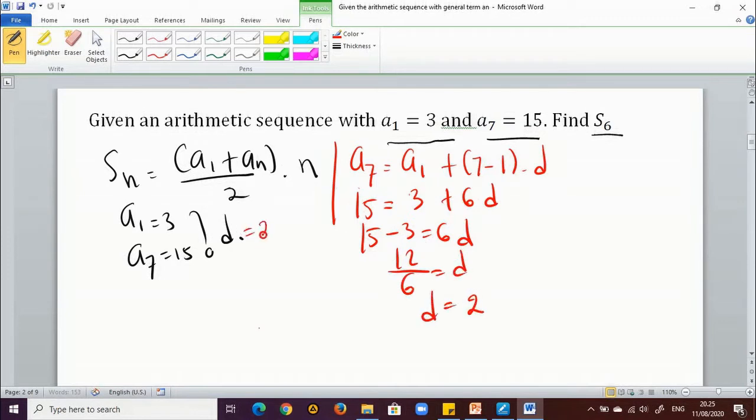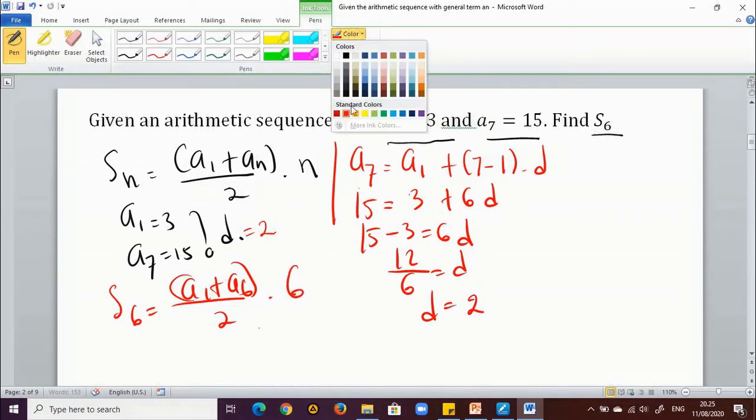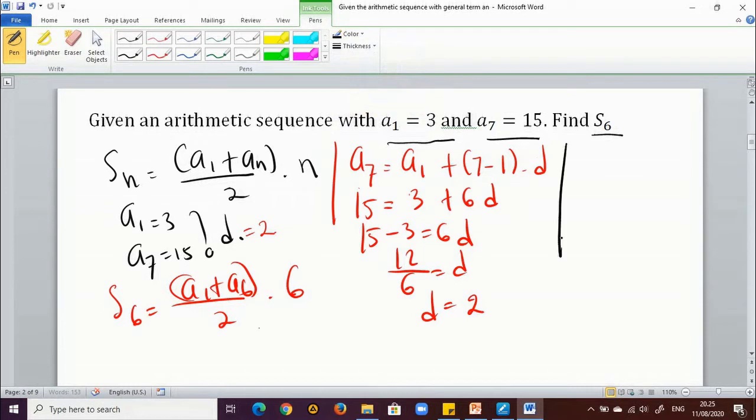Now, because they are taking n as 6, we need the first term plus the sixth term over 2 times 6. So we need to find the sixth term. The sixth term is equal to the first term plus 6 minus 1 times D, right?